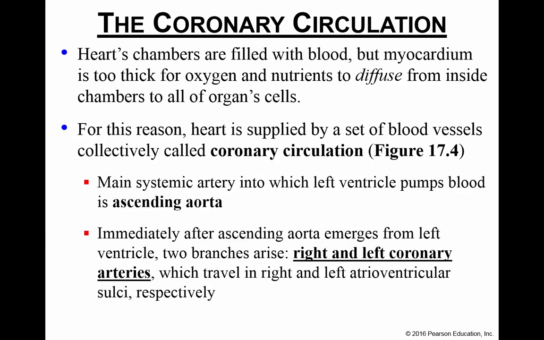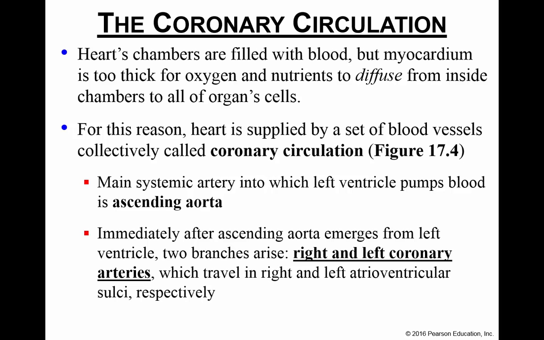The main systemic artery that's going into the systemic circulatory pump is the ascending aorta. And so the left ventricle pumps that blood into the ascending aorta. And just as soon as it gets out of the left ventricle, there are two branches, the right and left coronary arteries.